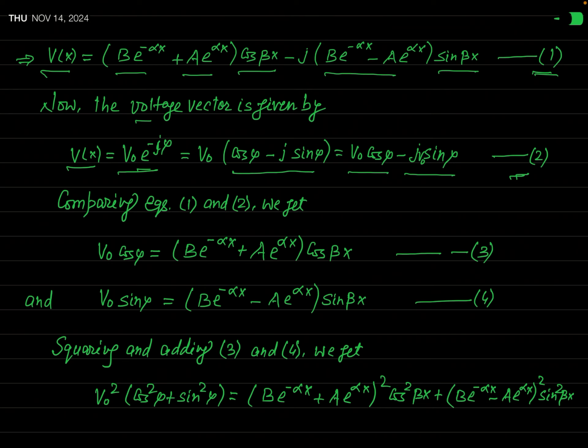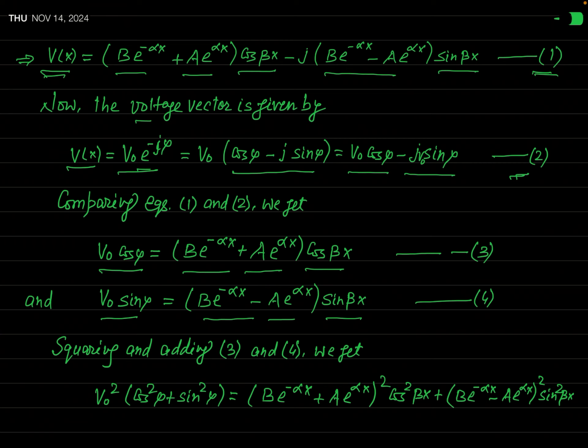So equating the real and imaginary parts of the complex quantity V of x defined in equations 1 and 2, we have V naught cos phi equal to b times e to the power minus alpha x plus a e to the power alpha x times cosine of beta x. And when you equate the imaginary part, you have V naught sin phi equal to b times e to the power minus alpha x minus a e to the power alpha x times sin beta x.